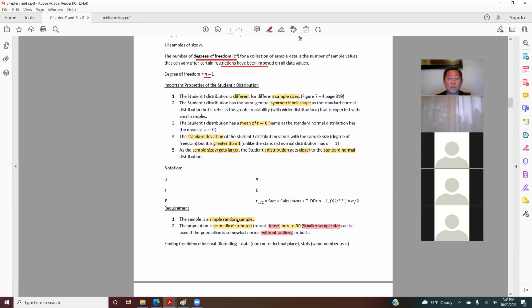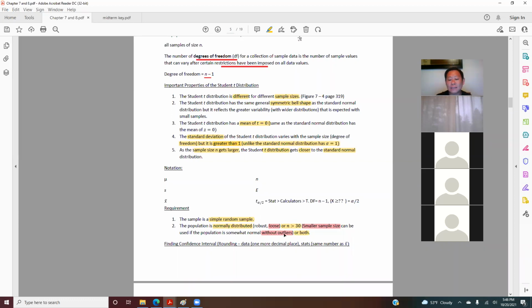So these are the two requirements that we have. It is a simple random sample. It is normally distributed, or the sample size is greater than 30, or both. So you can be both of them. But this is loose. Loose means that you do not need to fulfill this. That means if you have a smaller sample size, what you need to do is check for outliers.